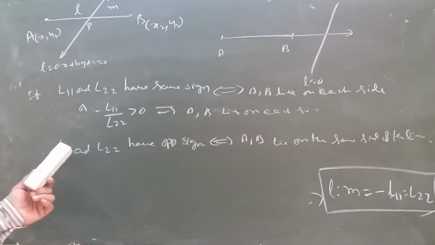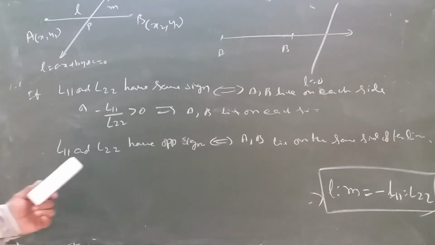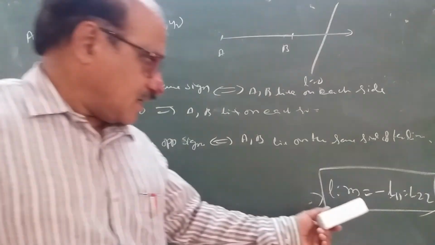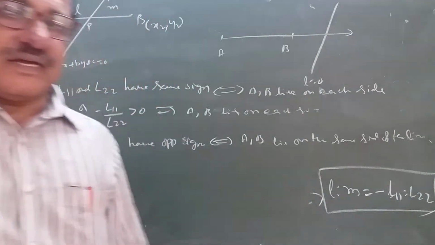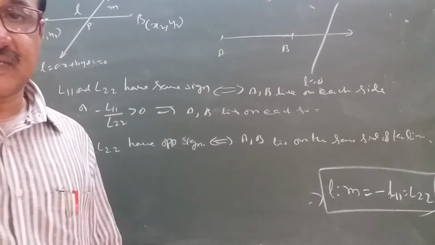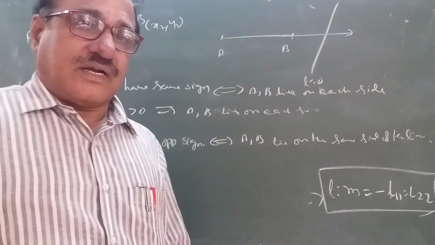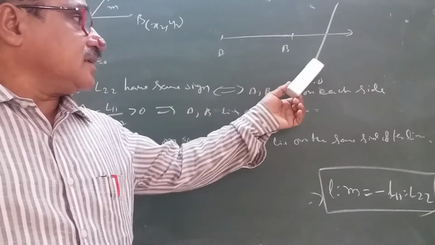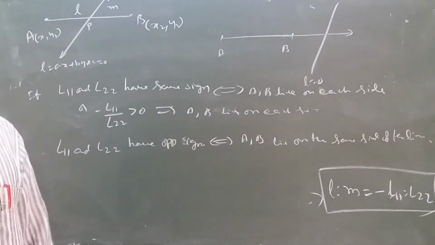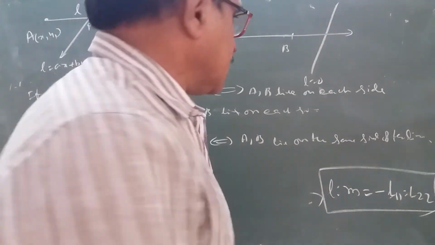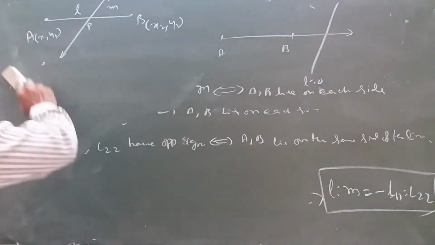That means if L11 and L22 have the same sign, then minus L11 by L22 gets a negative sign, so we can say that it intersects externally. Okay, these two points you also have to remember.